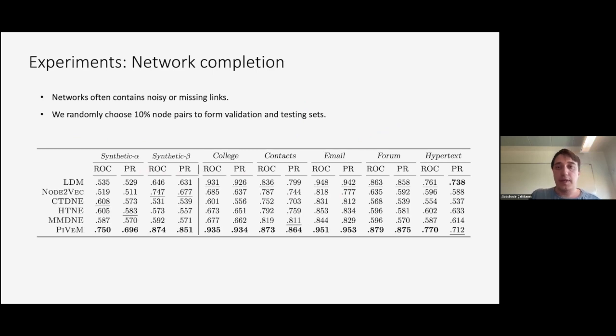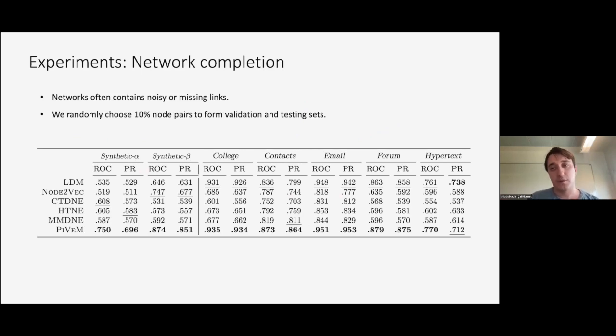Our first task is network completion. Many real networks might have noisy or missing links, so it is important to assess how good the model is at capturing the general linkage structure of the networks. We randomly sample 10% of the dyads in the network and split them into validation and testing sets.